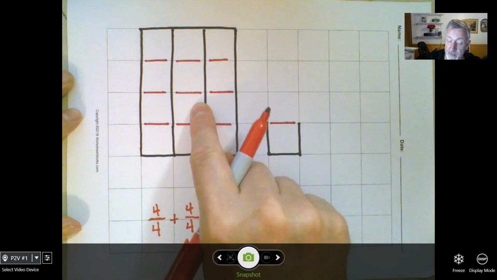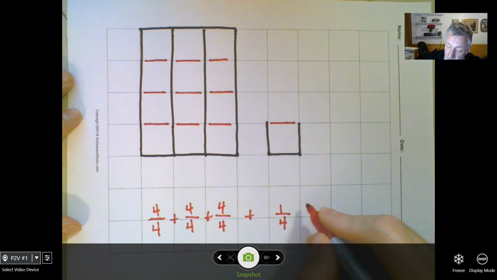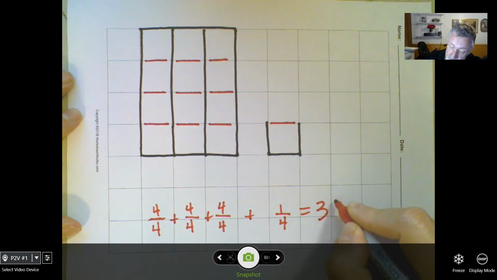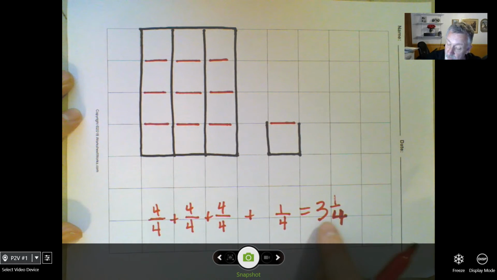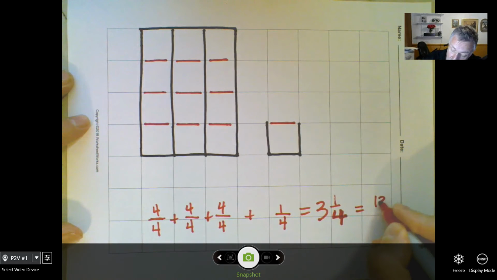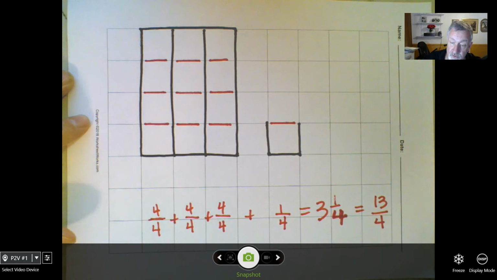So this is 1, 2, 3 whole units, and a 4th left over. Or another way to look at that is 4, 8, 12. 12 plus 1 is 13/4. Okay, so 3 1/4 is equal to 13/4.